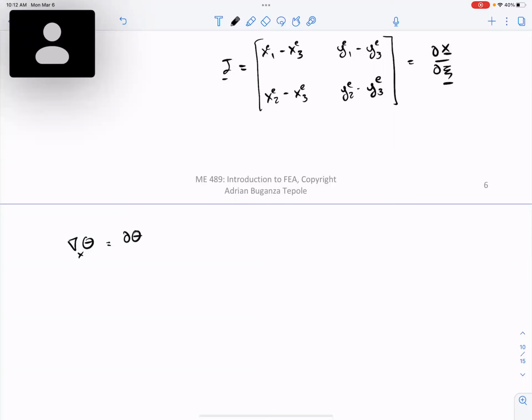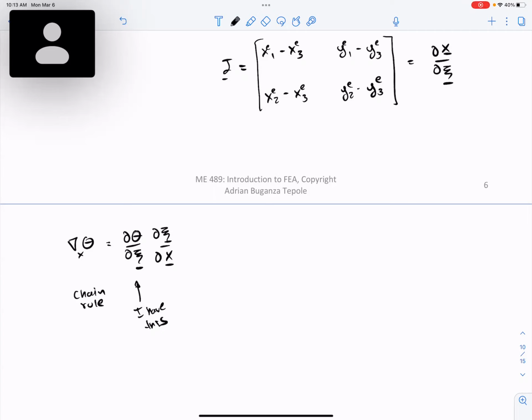So I want to do d theta d psi, and then d psi d x. This d theta d psi I have, this is just theta 1 minus theta 3, and then theta 2 minus theta 3. So that one I have.